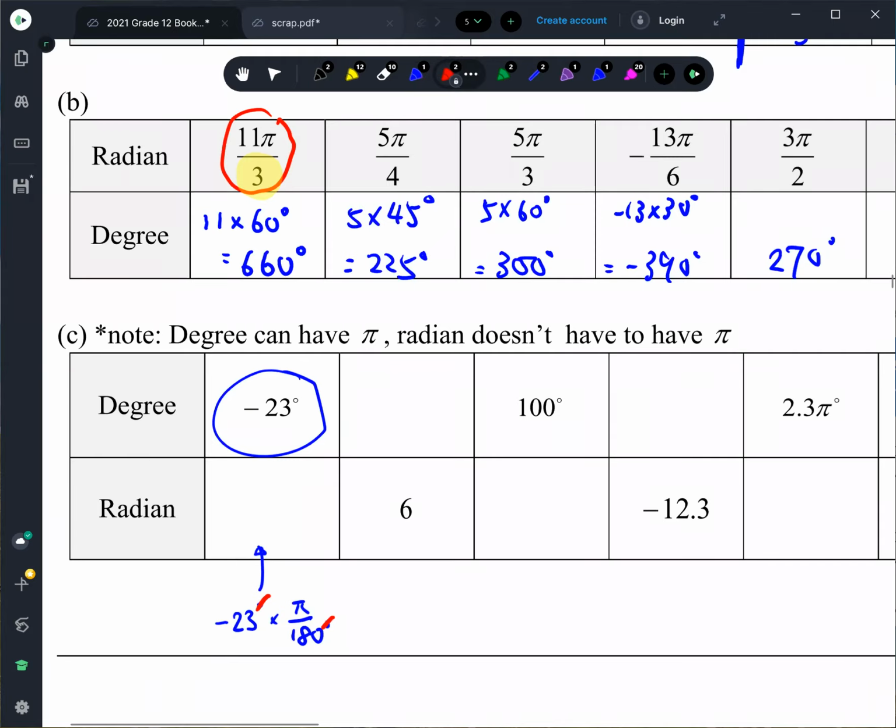Then you are left with just radian. So if you type it into the calculator, everyone take out your calculator. The pi, you could use 3.14 or the pi button on your calculator. So 23 times 3.14 and divided by 180.